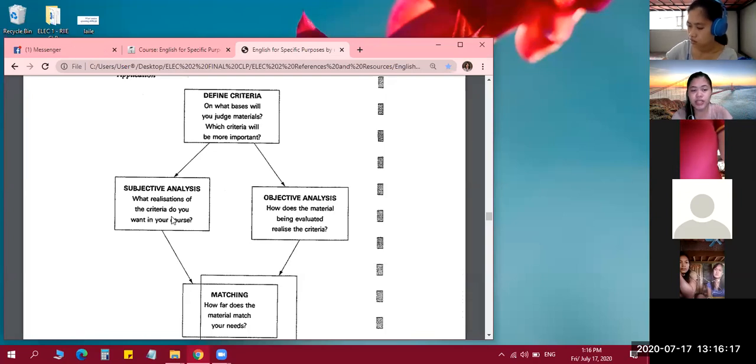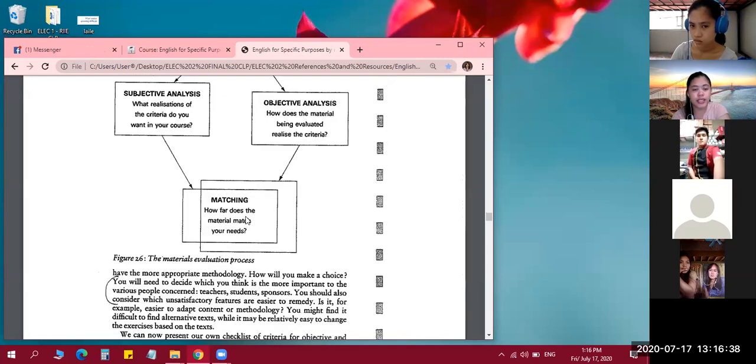What realizations of the criteria do you want in your course? And then we have the objective analysis, which is the B. How does the material being evaluated realize the criteria? And then the last stage is matching. How far does the material match your needs?